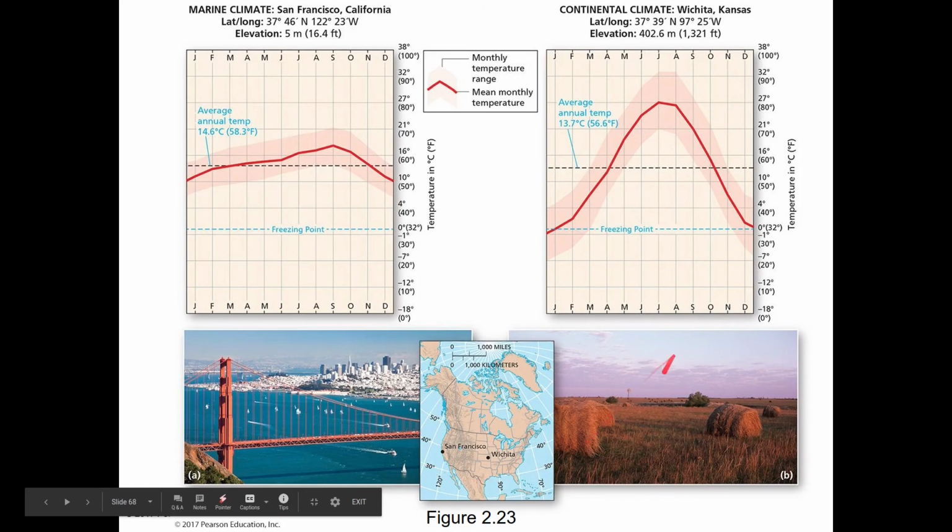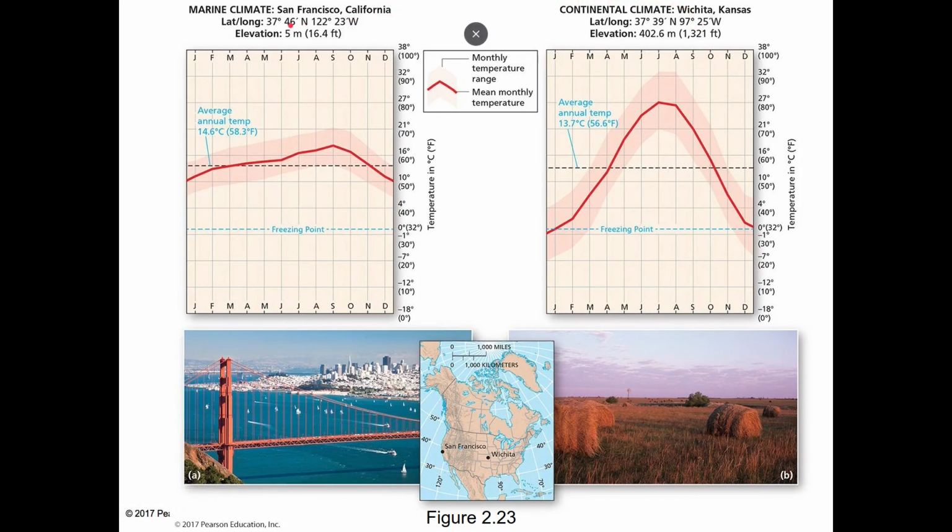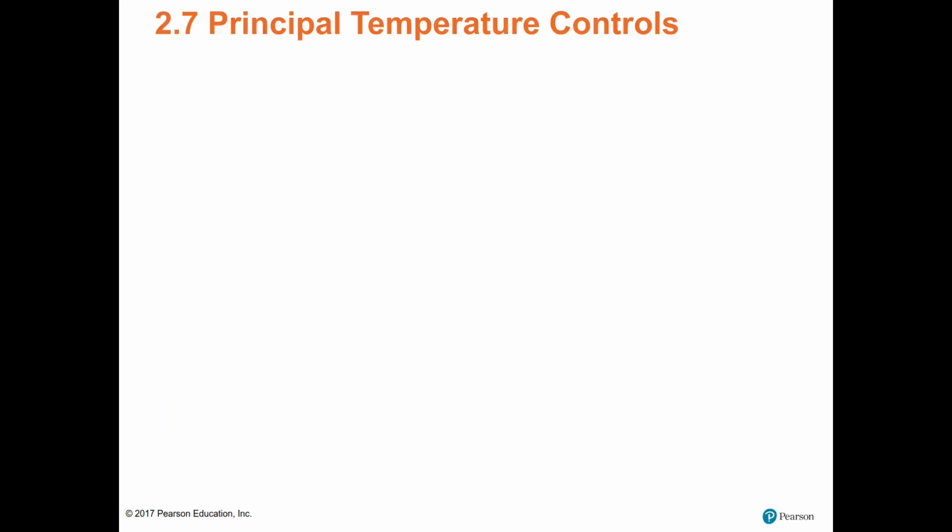They're both at the same latitude, 37 degrees, but a 15 degree range, a 50 degree range because of those factors: specific heat, evaporation, transparency, and mobility. The factors that cause continental climates or maritime climates. It's always nicer by the coast because the water doesn't really change temperature.